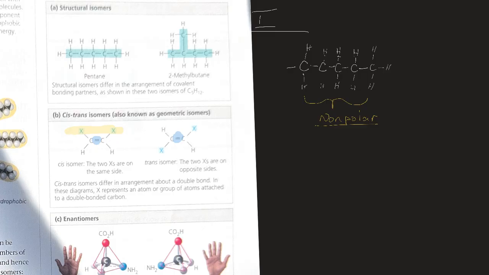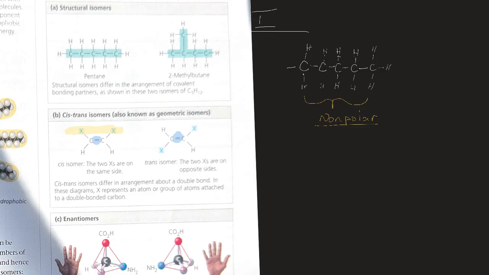And this variable represents any number of things that could be attached here. Could be another hydrogen. Well, it can't be another hydrogen because then you wouldn't be able to tell the difference between these two. But it would be a hydroxide group, and maybe over here you have something else. But whatever's attached here, they're on the same side. Here, they're on opposite sides.